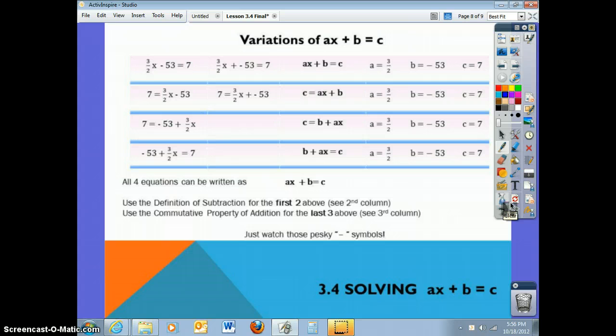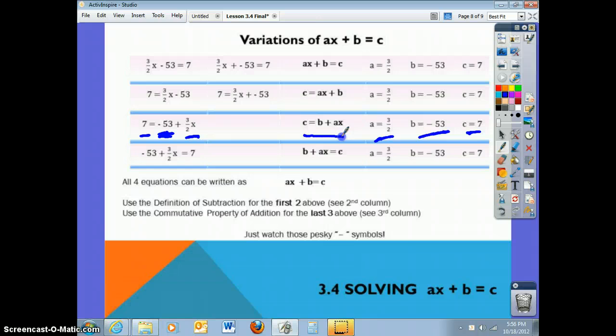Okay? The third one is actually c, and then b, and then ax, okay? Where a, again, is 3/2. B, this time, you could just think of it as negative 53 right here, okay? And c is 7, okay?